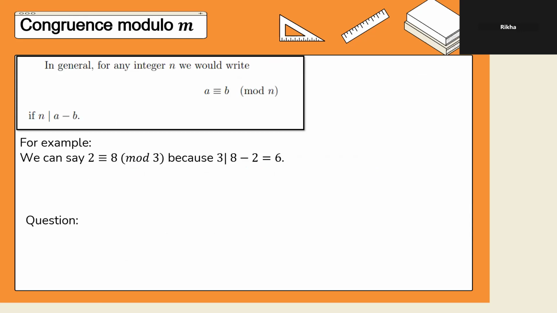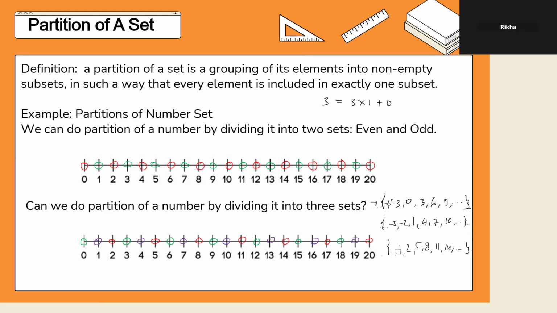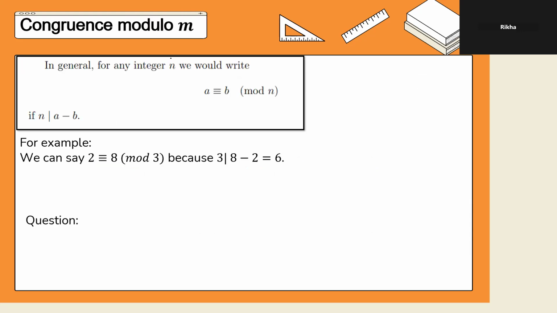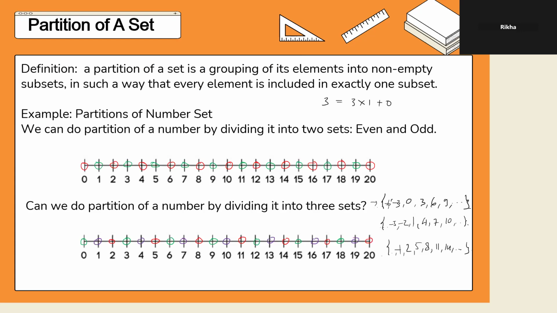So modulo is this. We create a definition like this. For any integer n, let's say, a is congruent to b modulo n means that n will divide a minus b. Notice that all the numbers inside the same sets, the difference is always 3.